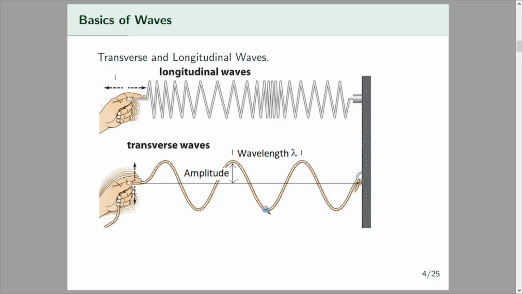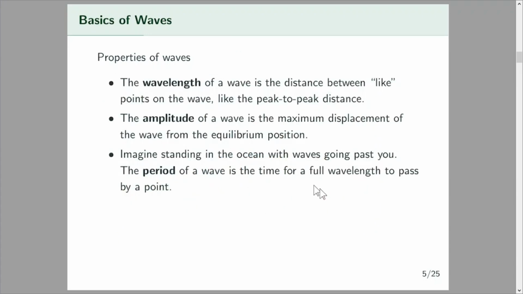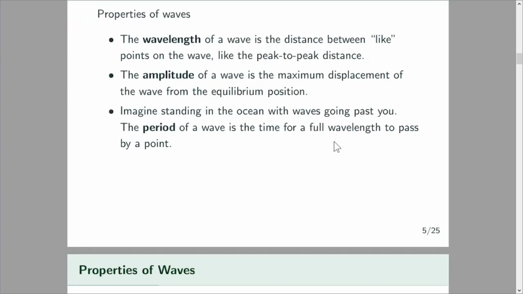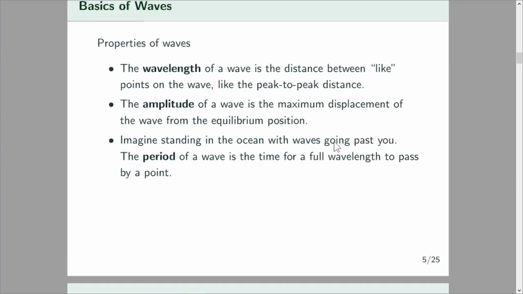We could have just as easily used the distance between successive troughs. It's the same distance. Or say halfway up the ramp to halfway up the ramp, right? Or halfway down the ramp here to halfway down the ramp over here. Those are all the same length. And so what we usually say is the wavelength is the distance between like points on the wave.